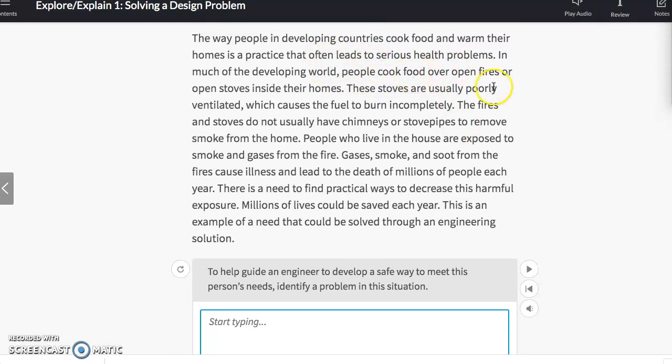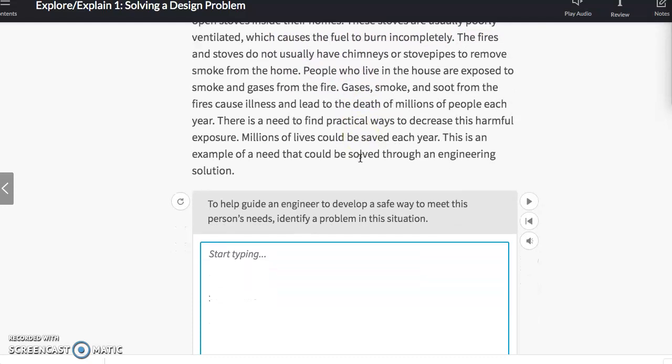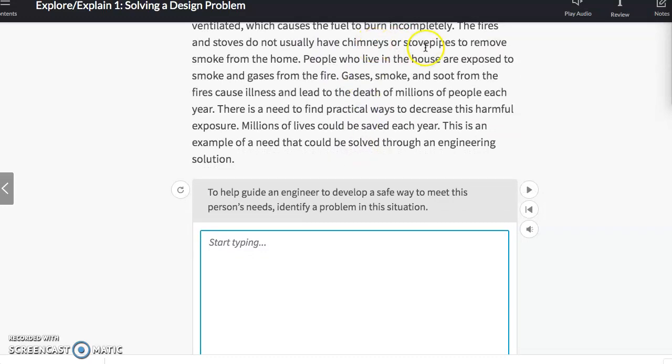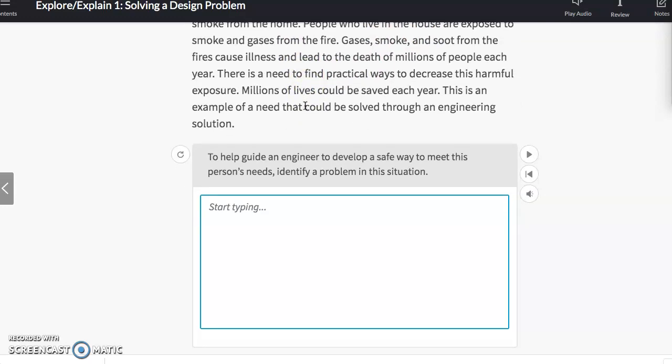Yes, a lot of people cook food over open fires or open stoves, but they're in their home with no ventilation. They don't have chimneys or stove pipes, and that can cause the illness.